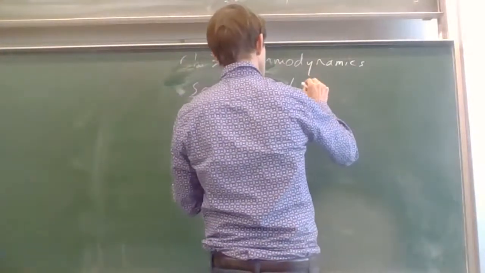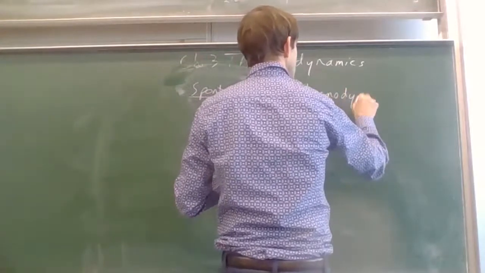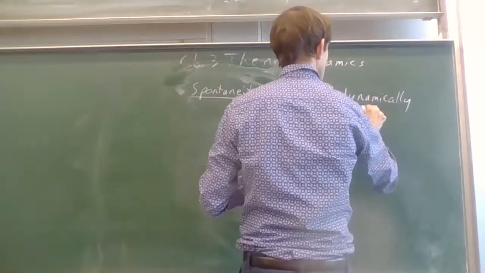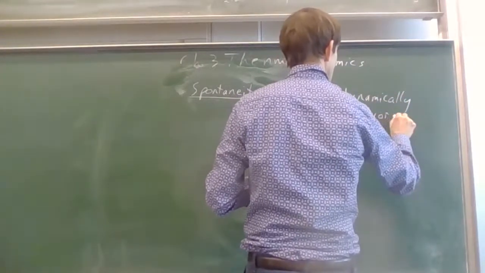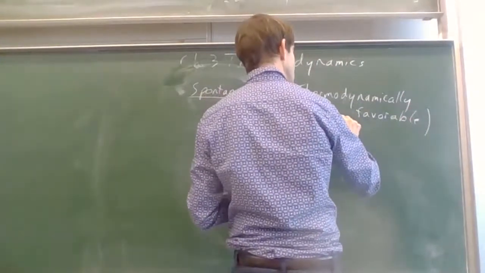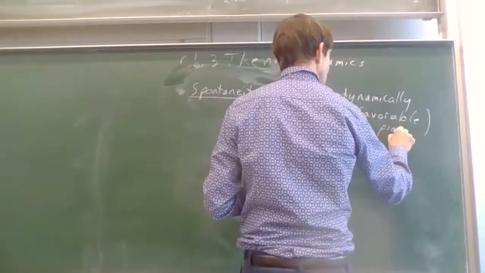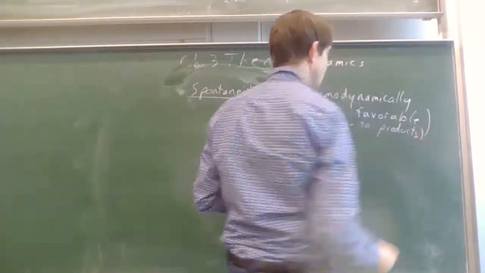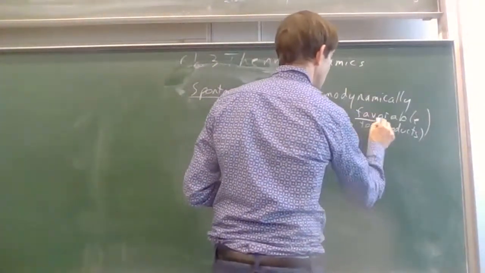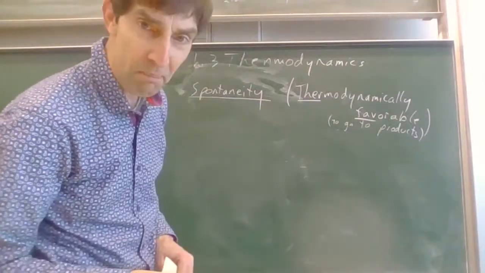Okay, spontaneity. So it's also called thermodynamically favorable. Usually they're talking about to go to the products. Or as I like to say, hey, is it third fab? Don't say that on the AP test, but I think of it as being third fab. Does it make products or not?